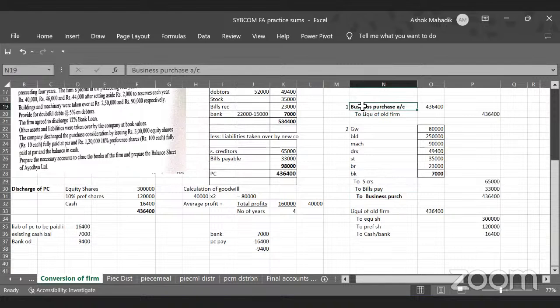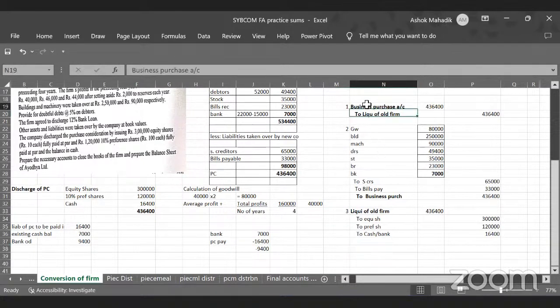Then liquidator was credit in the first entry, and when we paid, it gets settled. So what is the net entry? Which items are left? All the assets debit, to creditors, to bills payable, and to all the items which we gave to the old company. So it is the same entry, but we have made three entries out of that one common entry which we passed in amalgamation. I hope this is clear.